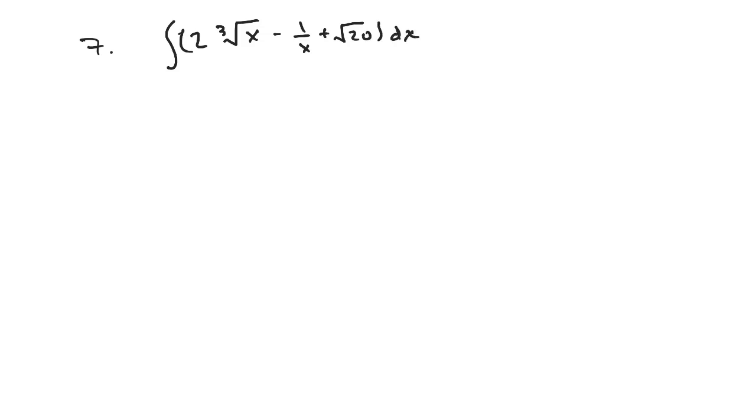In this case it says x is greater than 0, because that'll make sure that the domain of the natural log turns out to be okay. And so what I'm going to do here is rewrite this as 2 times the integral of x to the 1/3 dx minus the integral of 1 over x dx plus the integral of the square root of 20 dx.